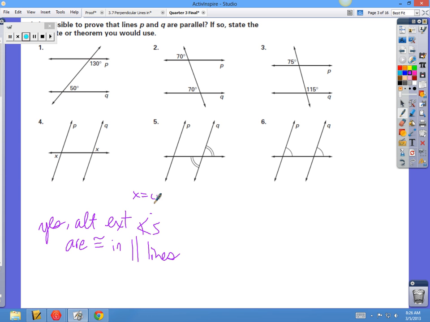If I say x is 40, then this angle right here would be 40, and this angle would also be 40. Then the rest of it would be 140. 40, 140. So whenever your alternate exterior angles are the exact same size, then you must have parallel lines.